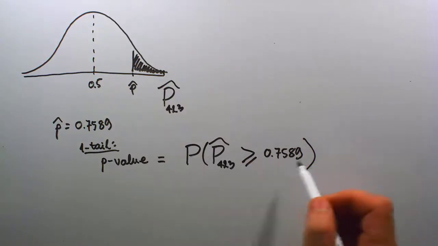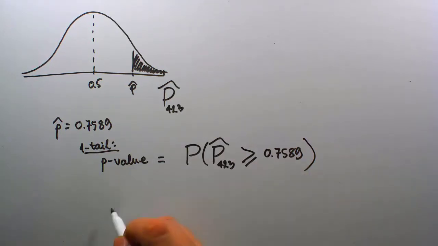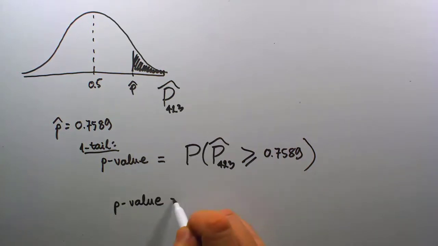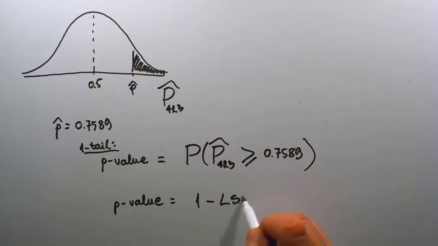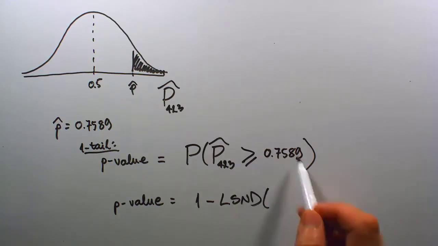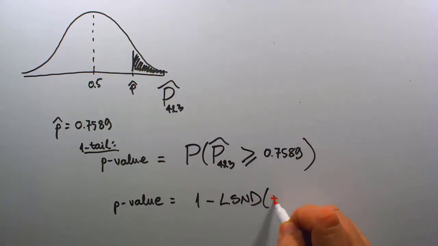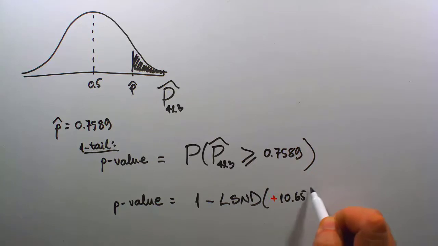And then this one-tail p-value calculation, once we calculate it, the p-value here is the same as 1 minus the LS&D answer, and we already found our z-score for this sample was positive 10.65.